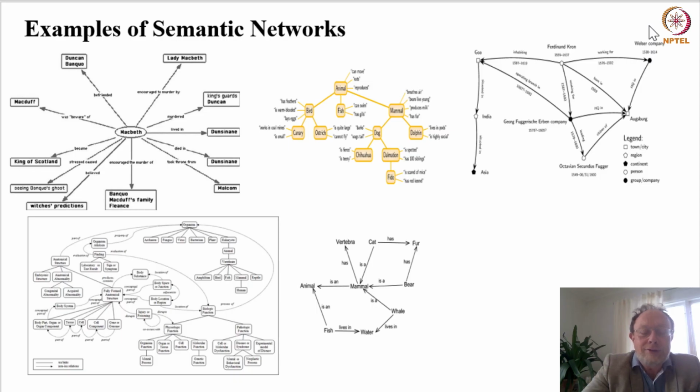While there is also a bunch of relations or edge labels that are totally domain specific and tailored to the current situation.